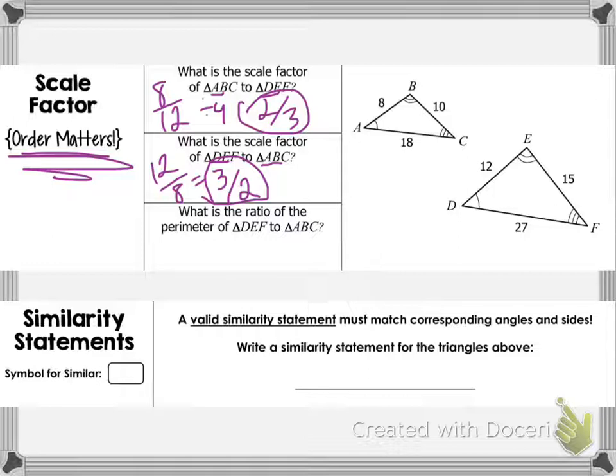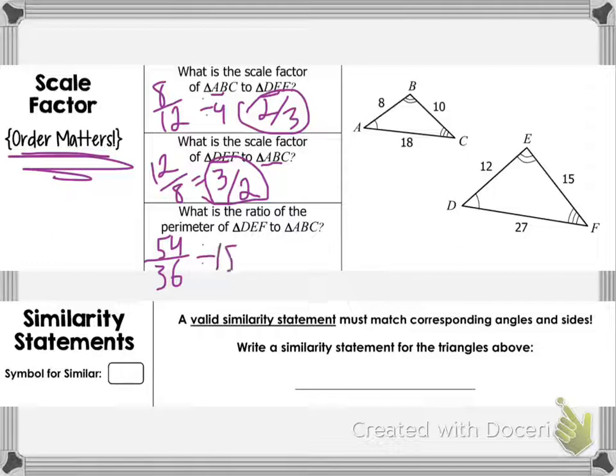Now it says, what is the ratio of the perimeter of triangle DEF to triangle ABC? Well, the perimeter of triangle DEF, when you add it all together, it ends up being 54. That is when you add 12, 15, and 27 together. You end up getting 54. That's our perimeter. Fraction bar. So then when you add 8, 10, and 18 together, you're going to end up getting 36. So it's going to be 54 over 36. The largest number that's going to go into 54 and 36 is actually going to be 18.